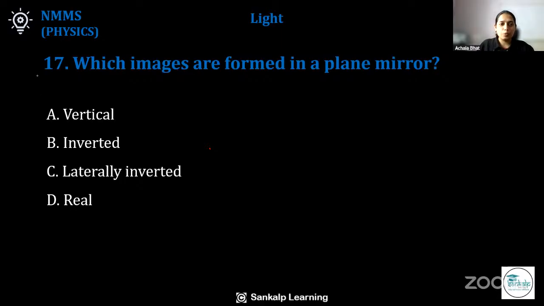Let us see question number 17 of NMMS Physics chapter light. Which images are formed in a plane mirror? A, vertical, B, inverted, C, laterally inverted, D, real. Which type of images are formed in plane mirror?